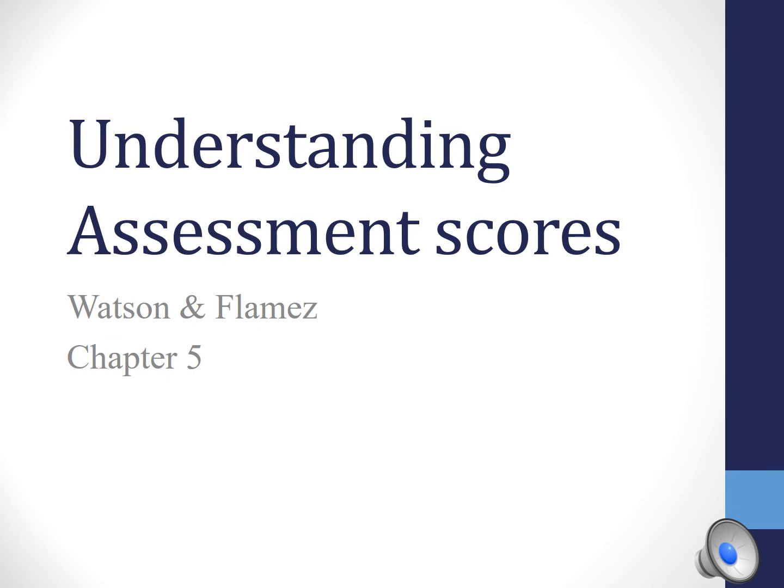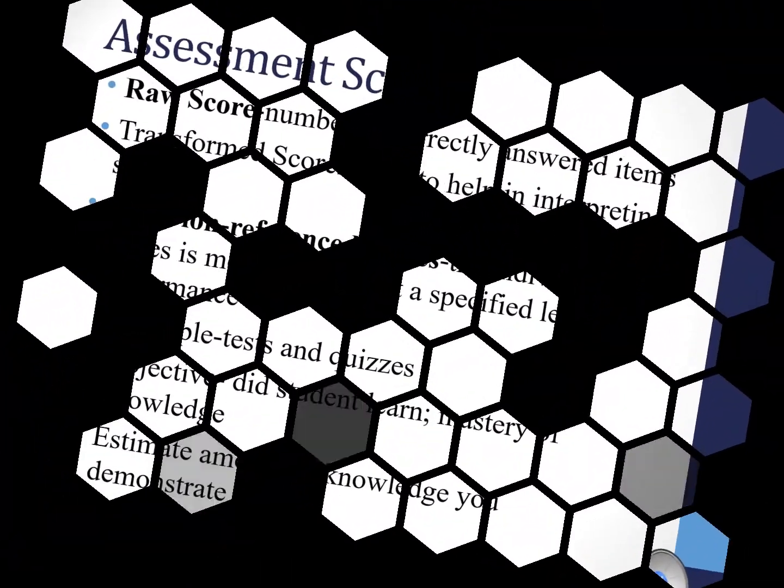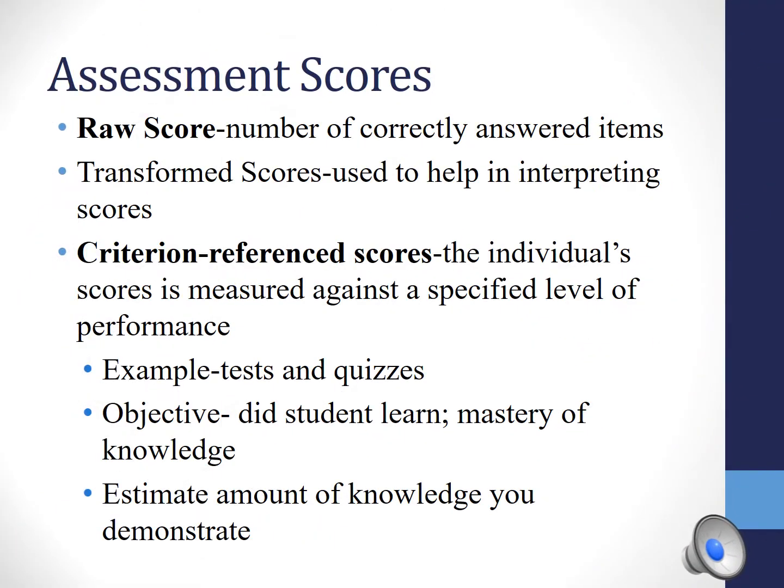We're in our module 3, and I just wanted to give you a little bit of additional information about assessments and scoring and types of assessments that you're going to run across as a counselor. Some terminology that you're going to need to know is what a raw score is, transformed scores are, and criterion reference scores.